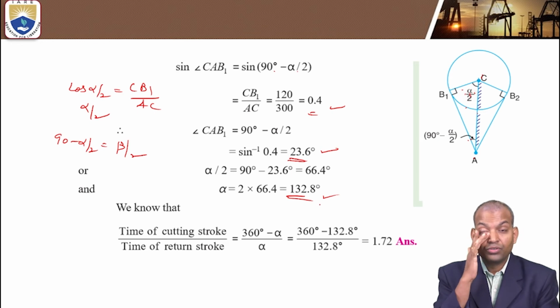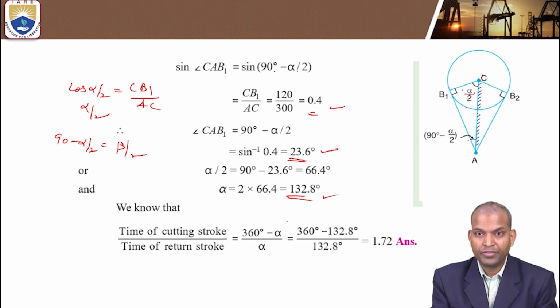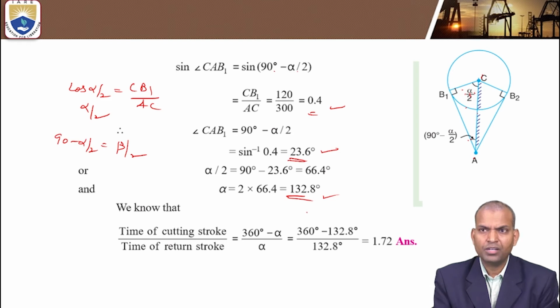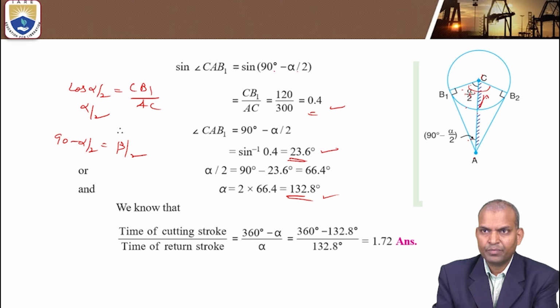So what is the time of cutting stroke with time of return stroke? 360 degrees minus alpha, or you can make it based on beta also. Here the lower angle is considered as beta, don't get confused. What is that angle you have to see? 360 degrees minus beta, as we followed in the previous problem.